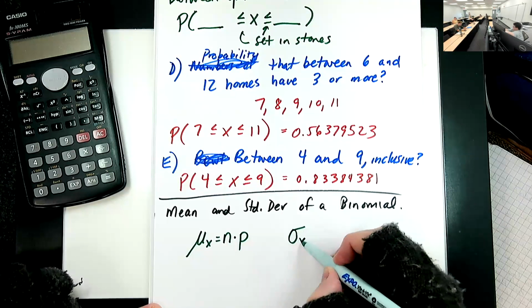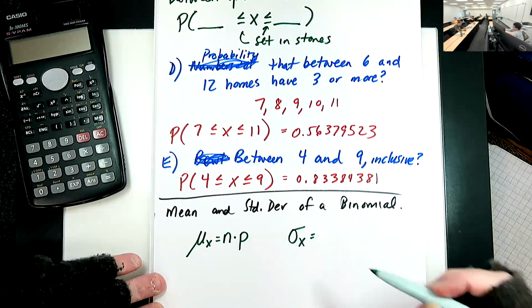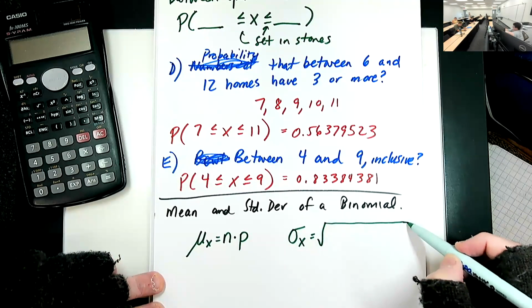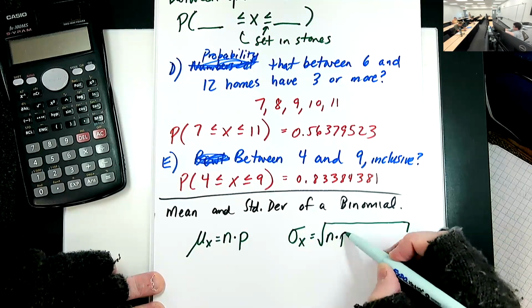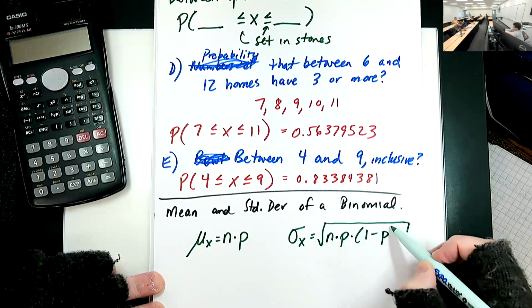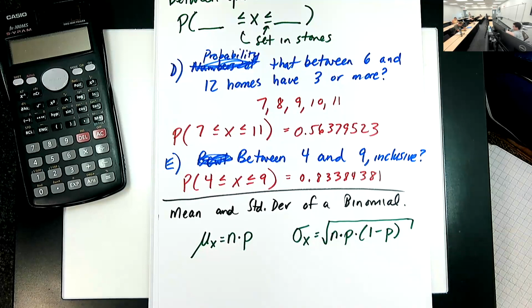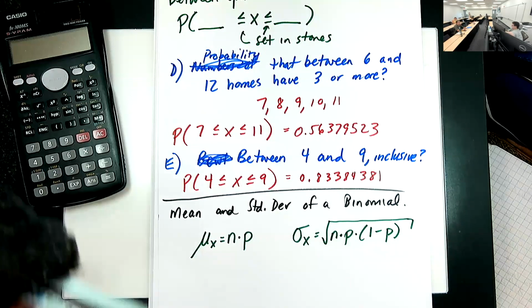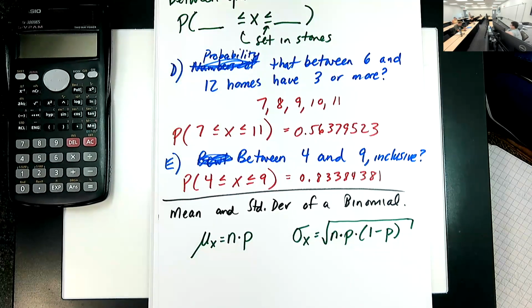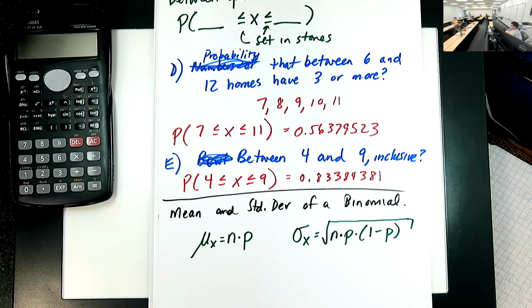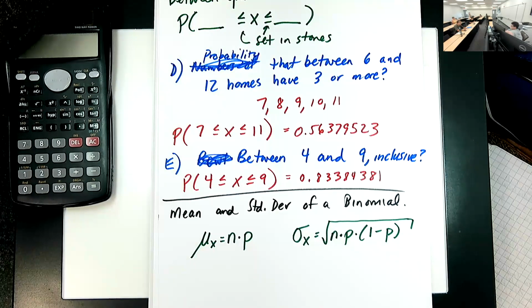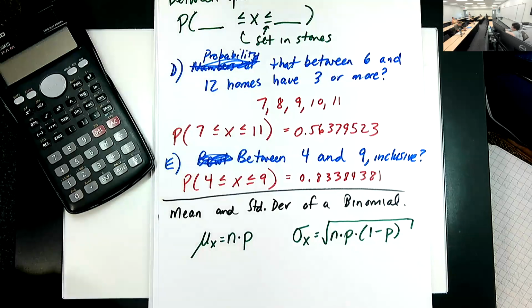And the standard deviation is the square root of n times p times 1 minus p. These are really calculator things. Let's put a nice box around that.